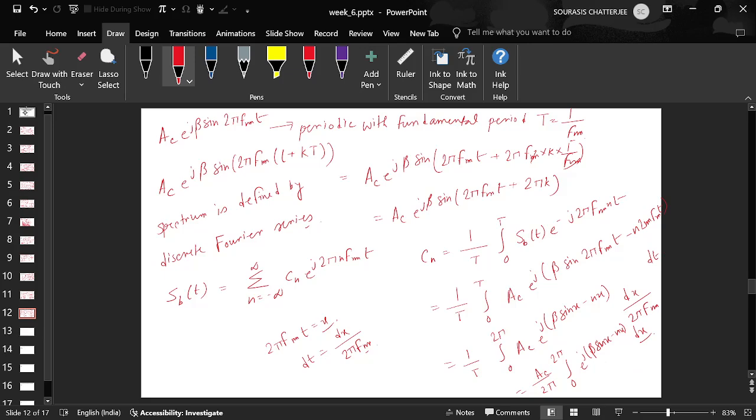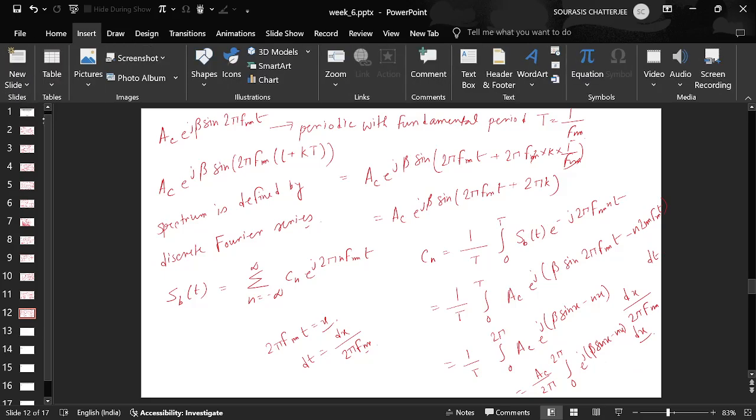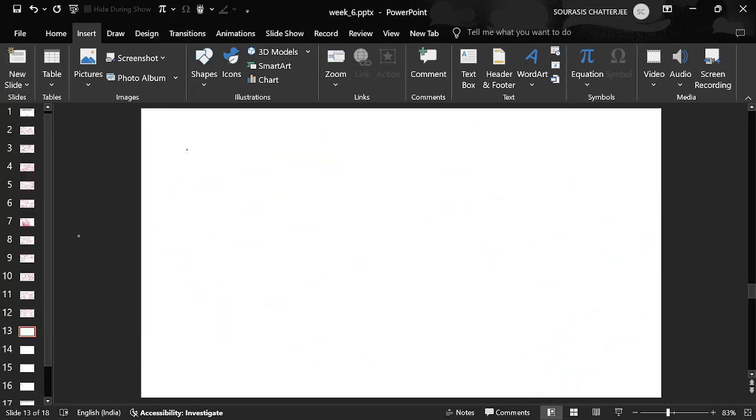So let me introduce a slide here. We have this expression of Cn, which is the nth spectral component, corresponding to the fundamental frequency fm. We have Ac times 1 over 2 pi integral 0 to 2 pi e to the power j (beta sin x minus nx) dx, and this one here is denoted as the nth order Bessel function.